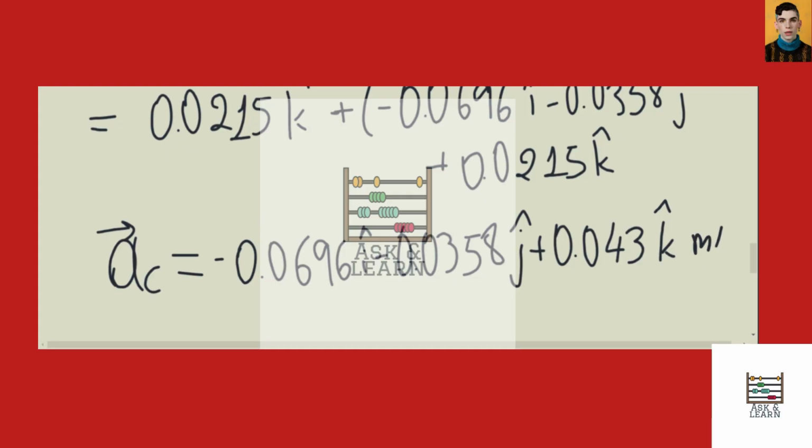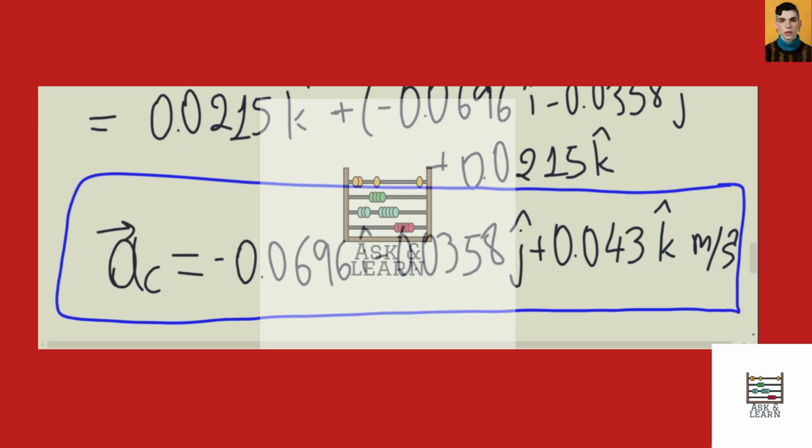This is, of course, in meters per second squared, and this is the final result for task C.